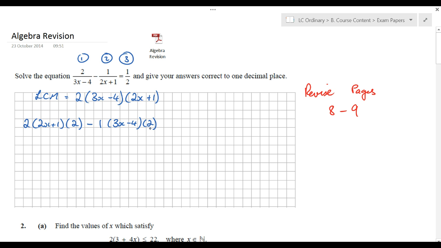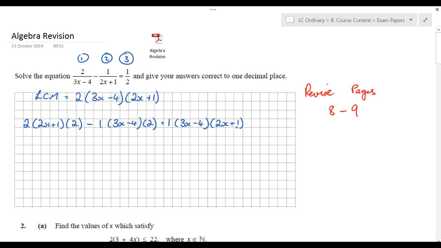And then finally, when I multiply term 3 by the LCM, the 2's will simplify, giving me 1 by 3x subtract 4 by 2x plus 1.